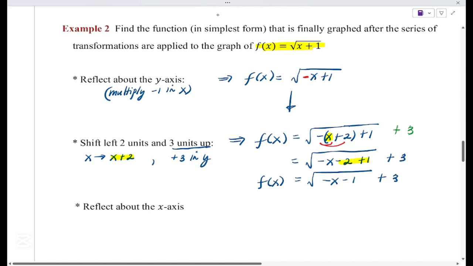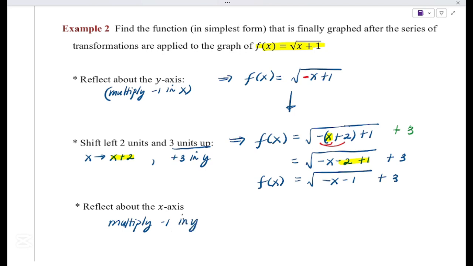Then we transform this by reflecting about the x-axis. When we reflect about the x-axis, we multiply negative 1 in y. There are two terms of function y.